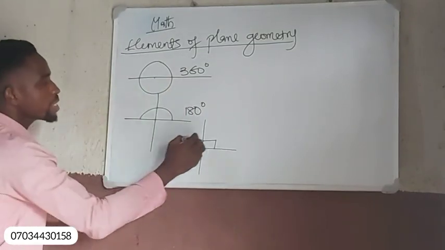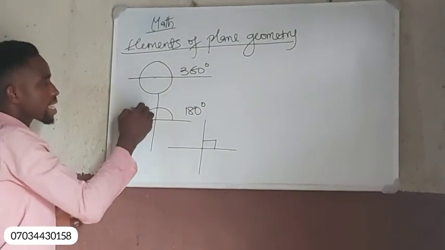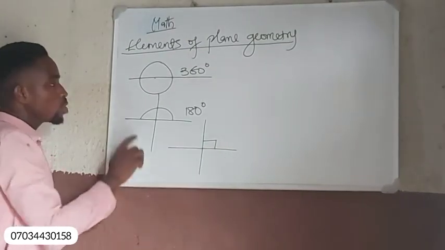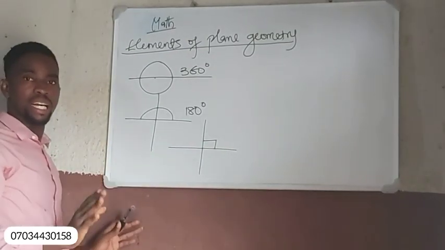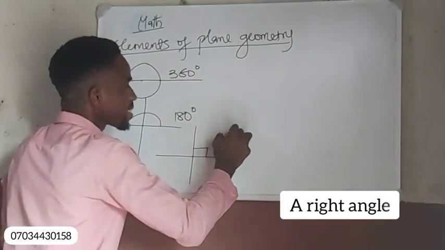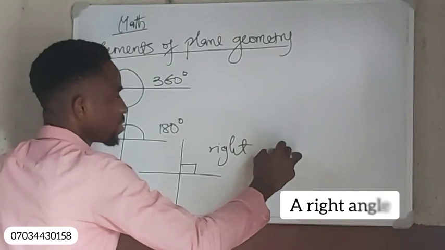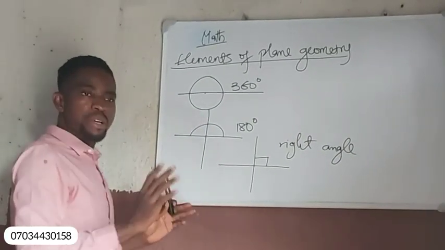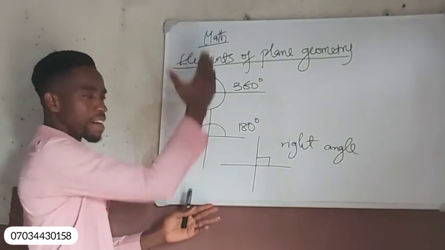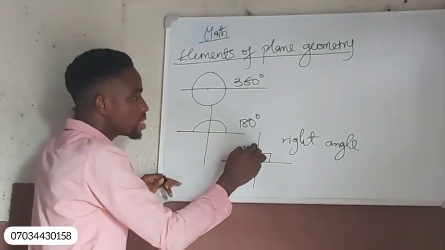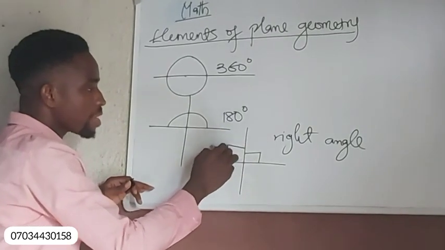Each of these angles, you can see that I'm giving it a special symbol. It's no longer a curve because it is a very important angle, and this angle is called a right angle. Anywhere it is located, it is a special angle formed between a vertical line and a horizontal line. That is a right angle, which is always given the value of 90 degrees.